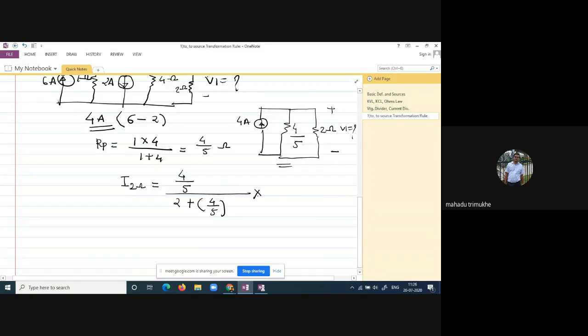The current coming at the junction is 4. So now calculate, and what is the value for the 2 ohm resistor? You get 1.143 ampere. This is the current you will get across the 2 ohm resistor.